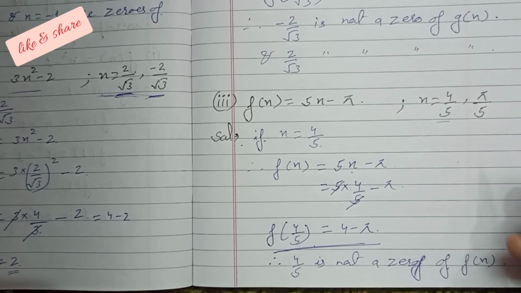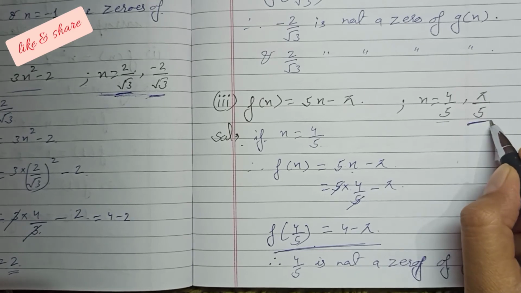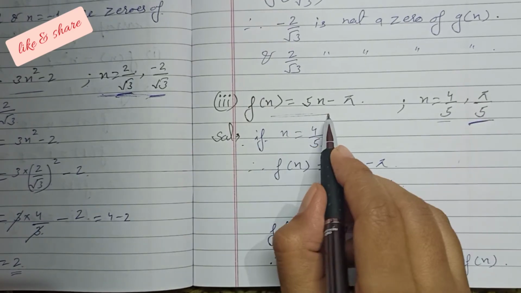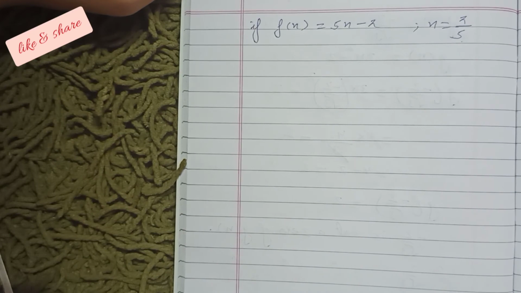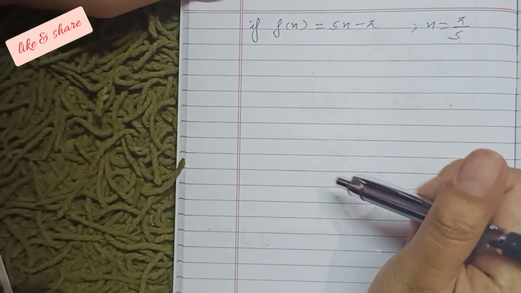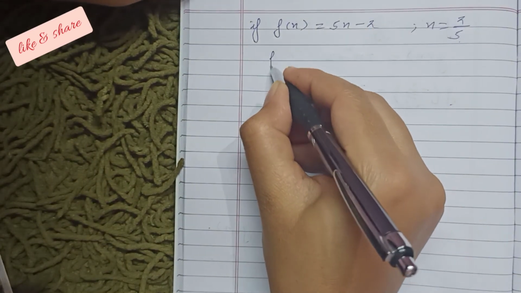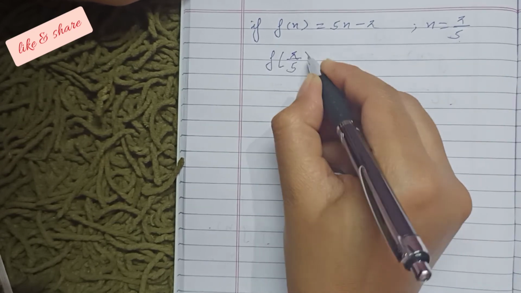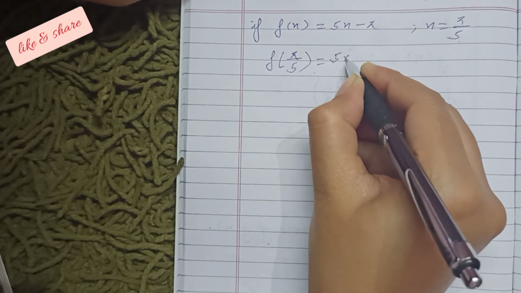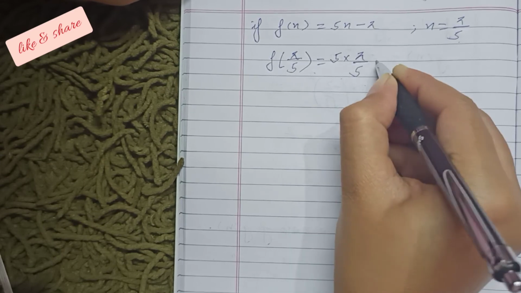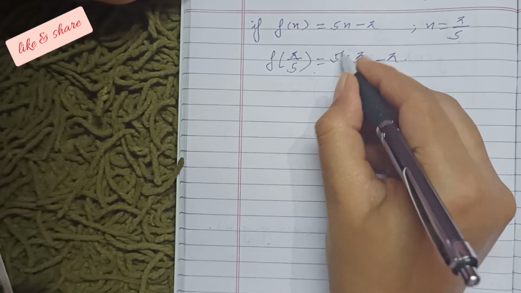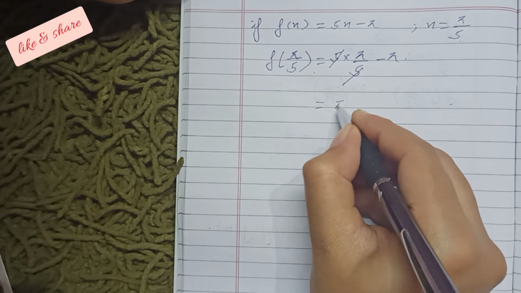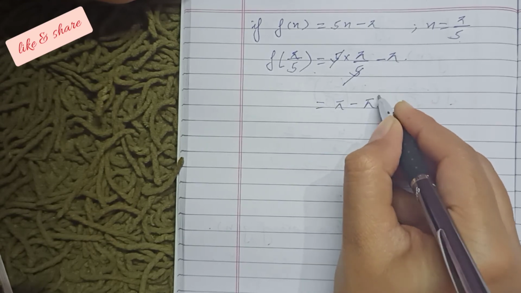Okay, now we will put the next value, x is equal to pi by 5, in the same given equation. We will put the value of x in f of pi by 5. f of pi by 5 is equal to 5 into pi by 5 minus pi. 5 and 5 will get cancelled out and we will get pi minus pi.